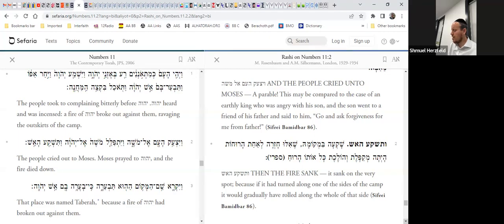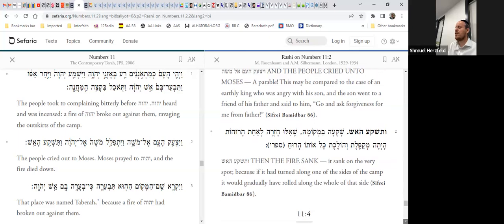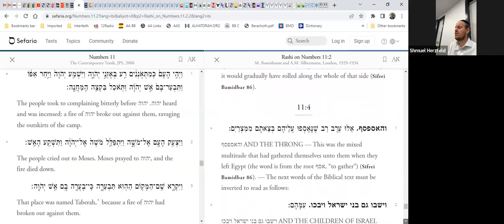Had it gone back in a different direction, it would have destroyed that entire direction. So it had to sink into the ground. Okay, God called that place Tavera, ki vara vam esh Hashem, because that's where the fire of God burnt.